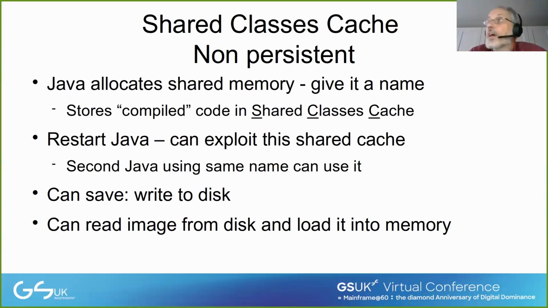When you restart Java, it can exploit this shared cache. For example, if you have multiple address spaces running Java, they can all exploit the same shared cache. You can say, please save a copy of this shared memory to disk. And you can also say, please read from this file and create an in-memory segment. So these are the basics of how it all works.